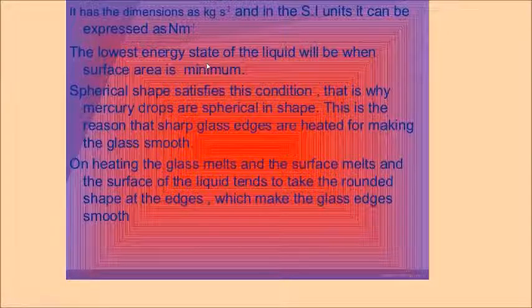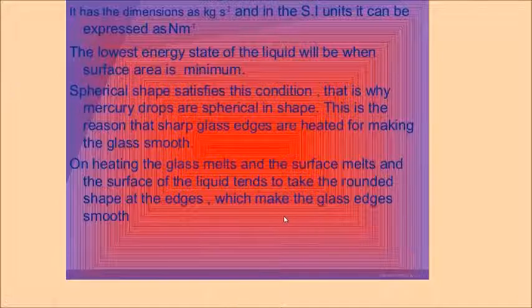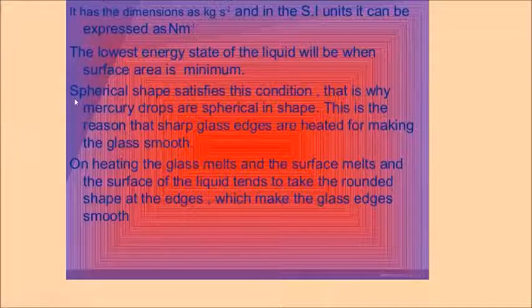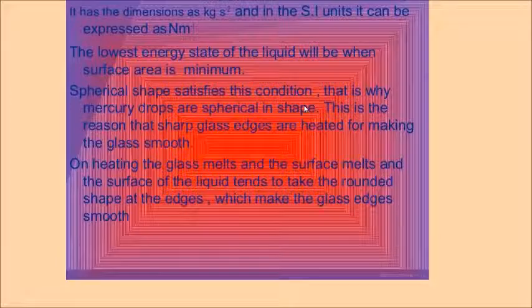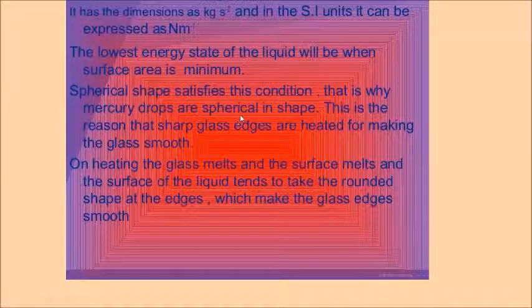The lowest energy state of the liquid will be when the surface area is minimum. The spherical shape satisfies this condition. That is why mercury drops are spherical in shape.